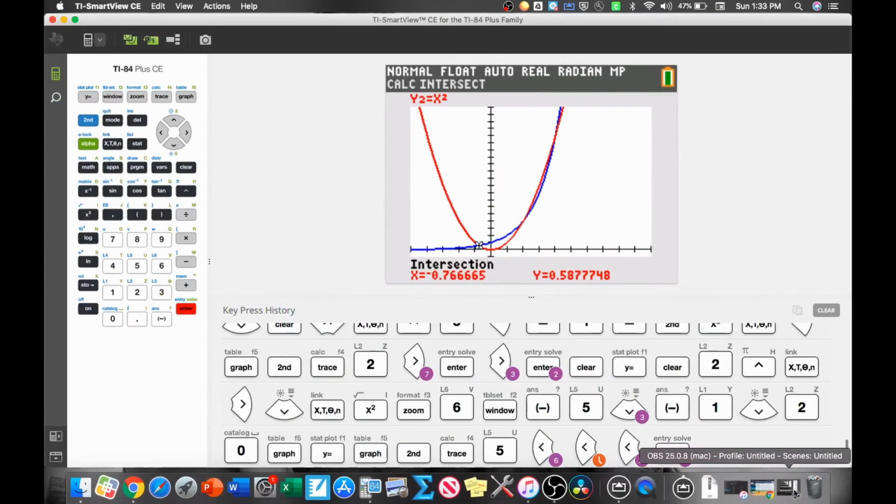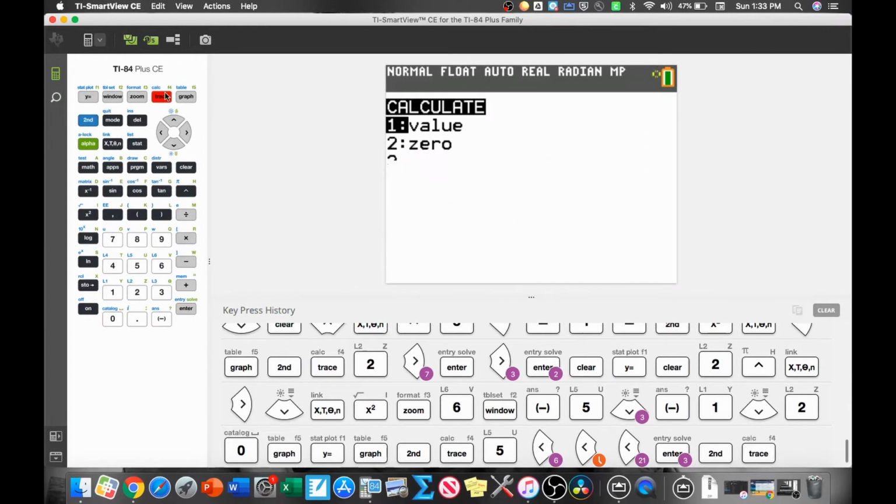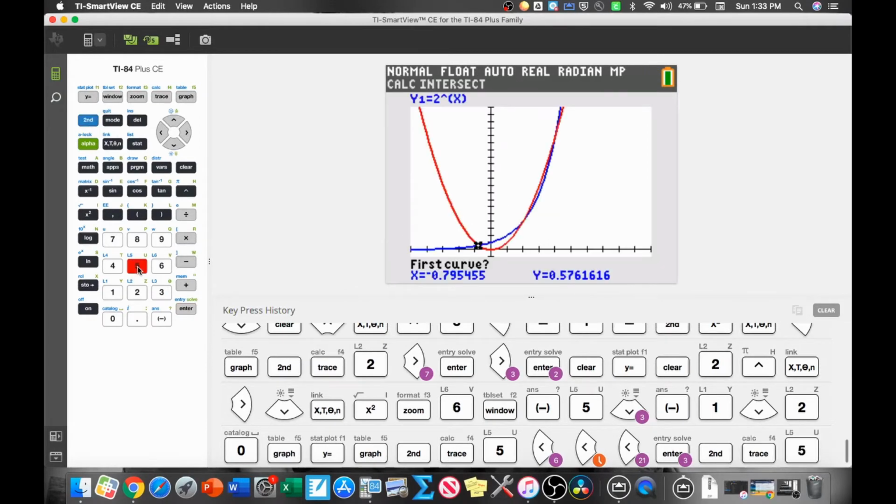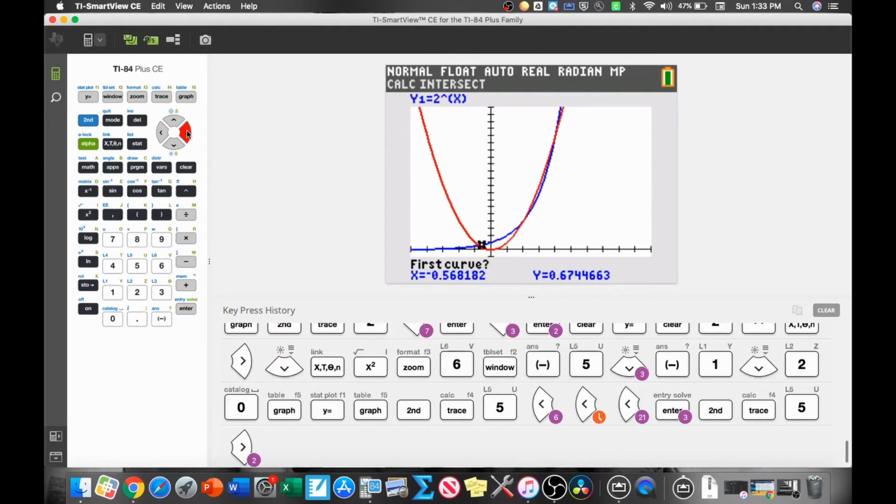Then let's take a look at the next one. So we'll go back to our calculator. Now we need to do a second level calculate, intersect again. We're going to bring the cursor closer to the second intersection, because otherwise it's just going to give us the exact same one that we already did. So we need to be closer to a different one here. All right, so now first curve, yep, hit enter.